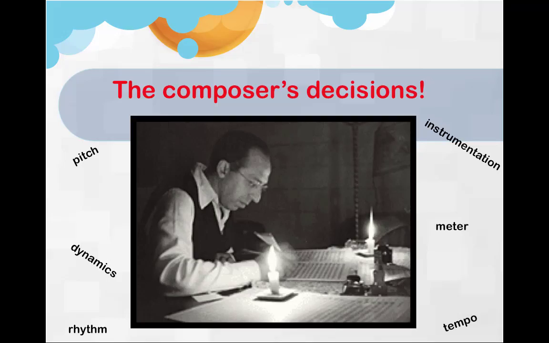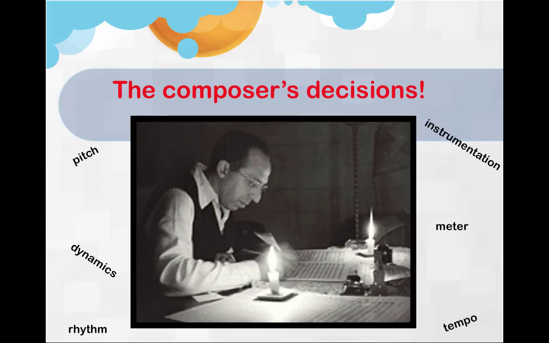Which instrument is she going to write for? How loud or how soft will the piece be? So that's dynamics. Which notes will she put on paper? Which pitches will she use? And so on. So there's a lot of elements that have to go into writing a piece of music.